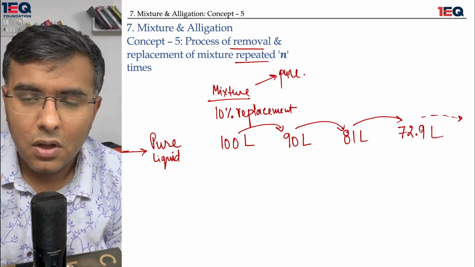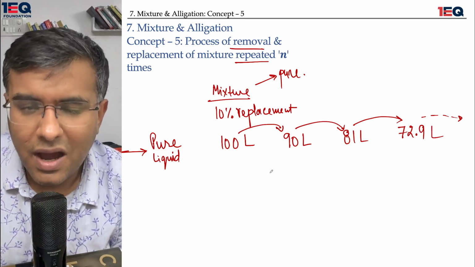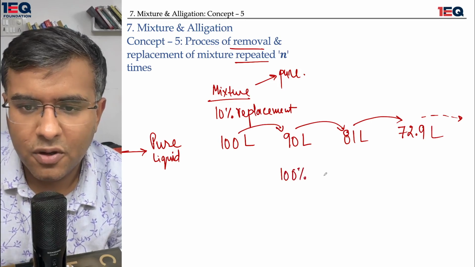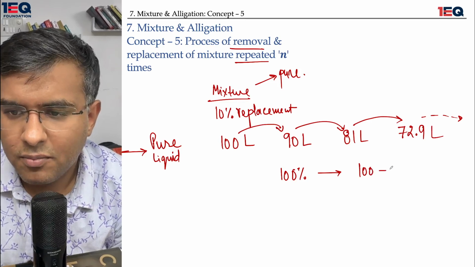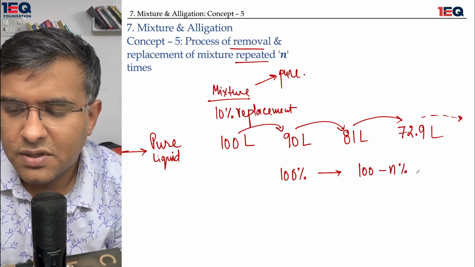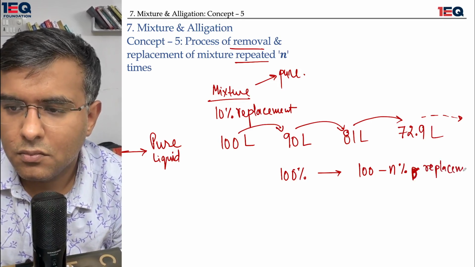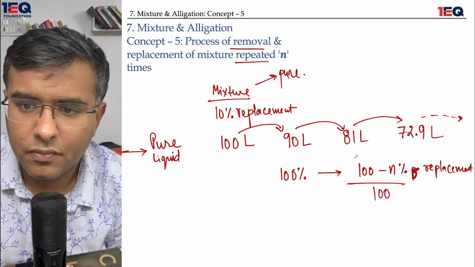The questions which come for this particular process are in such a manner that they talk about a 100% pure mixture being there. There was a replacement of (100 minus n)% whole upon 100.